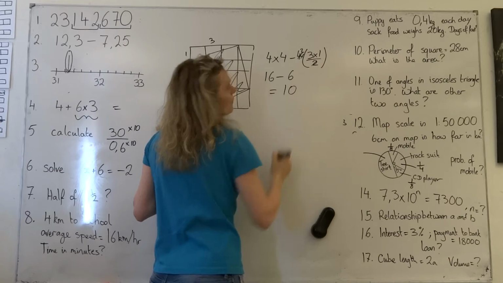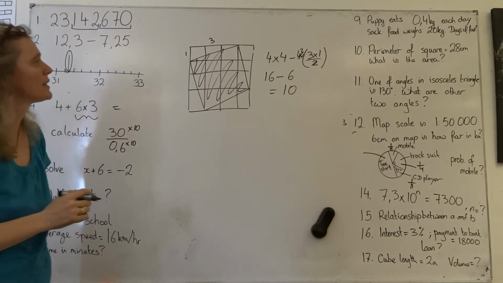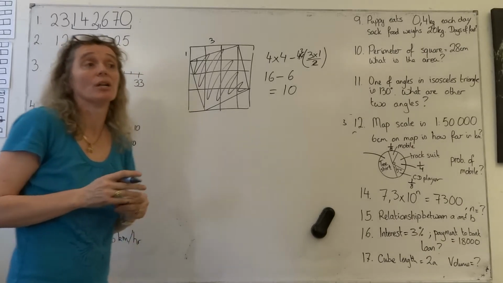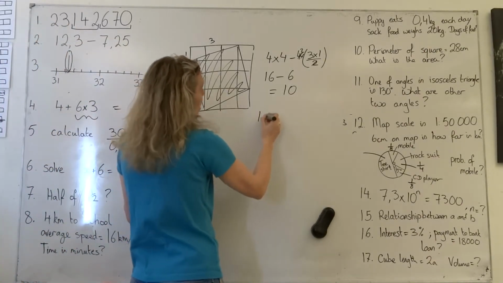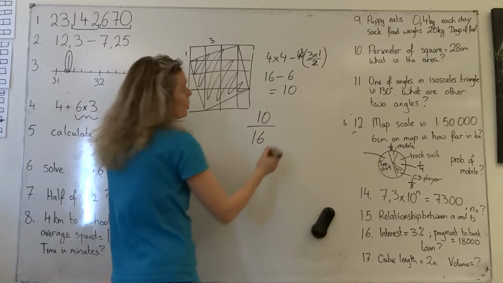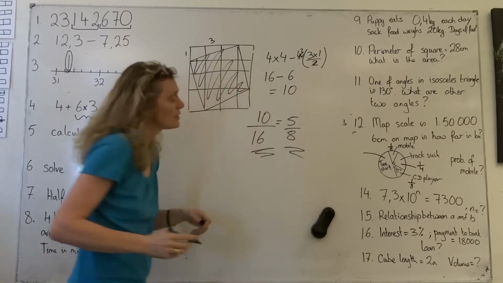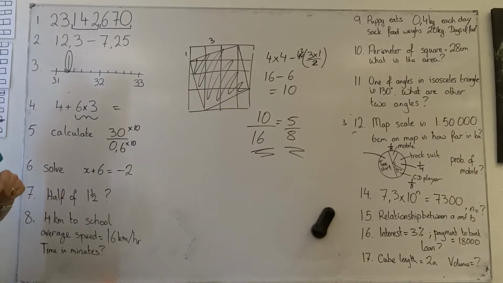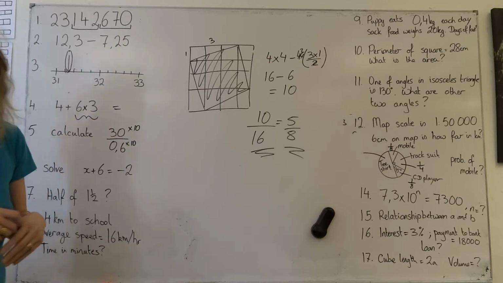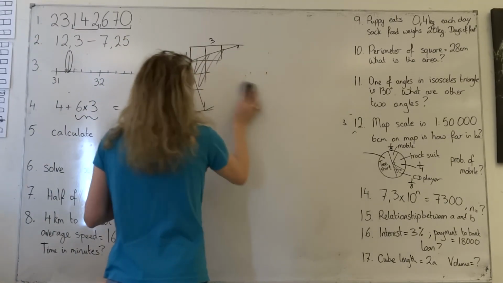So the area of the inner shaded square is 10, but it wants the fraction. So you get 10 parts out of the whole square, which is 16, is shaded, which is the same as 5/8. So 10/16 or 5/8 is the amount shaded of this figure.